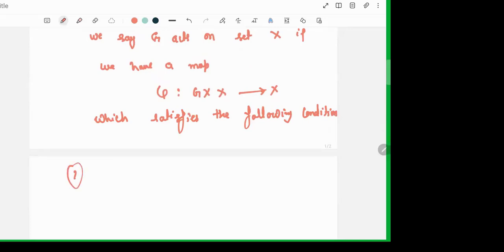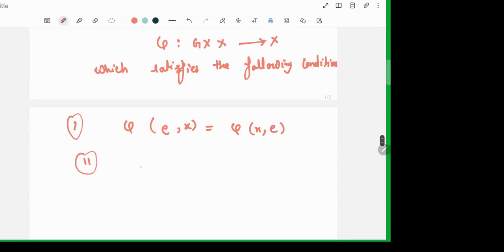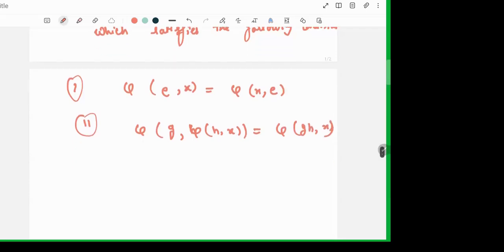The first condition: phi of E comma X should be X, where E is the identity of G. The second condition: phi of G comma phi of H comma X is phi of GH comma X. These are the two conditions.